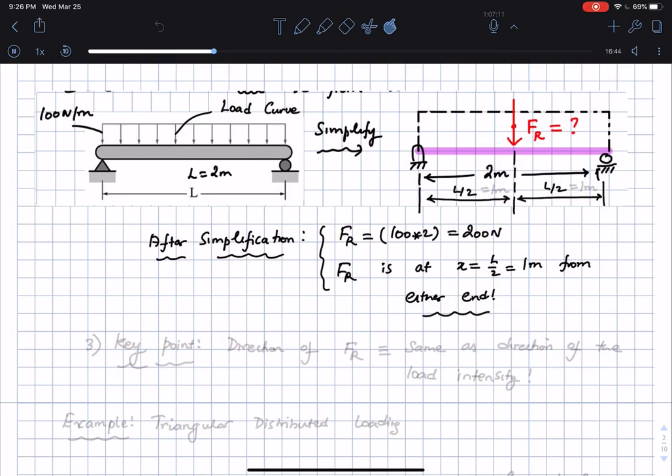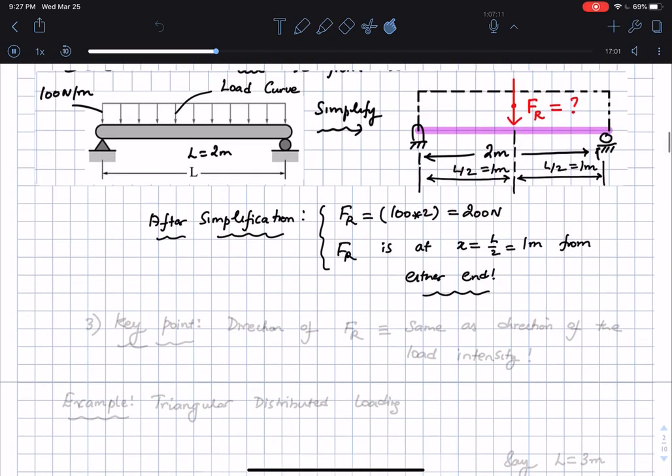And it acts at a distance of L by 2 from either of these ends, which is 1 meter from either end. So this is 1 meter, this is also 1 meter. Alright, this is the first example. This is a fairly silly example. All we wanted to do was find what the value of FR is and where it acts.